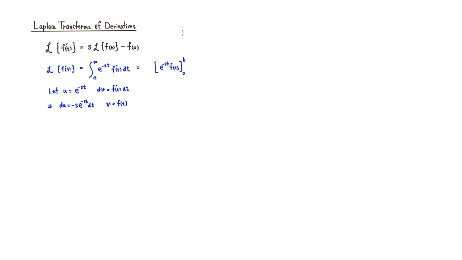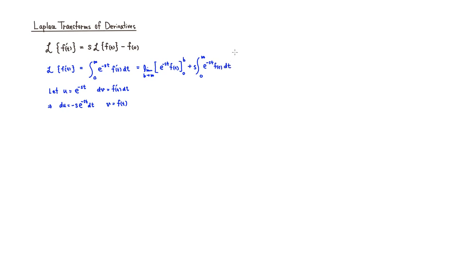So I'm going to do a b here, with a limit as b approaches infinity, minus, since there's a negative sign here I'm going to turn it into positive, the integral from 0 to infinity. And s is just a constant, so I'm going to put s out here, and then you have e to the negative st, f of t, dt.